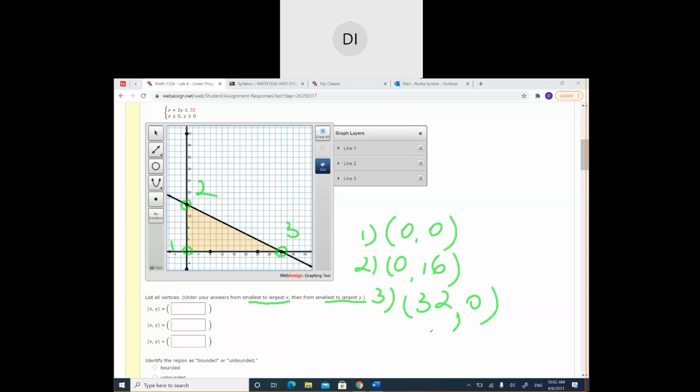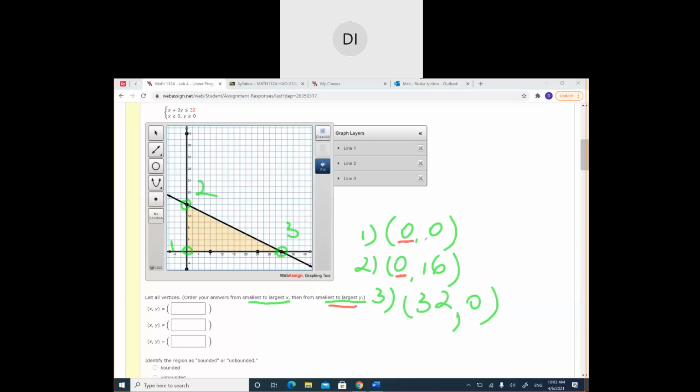So how do you put your answer? You start from the smallest x. So this one is 0 and this one is 0. Both of those are the smaller x, right? Then that means those two are going to be the first two. But which one is first and which one is second? You're going to start looking at the y now.